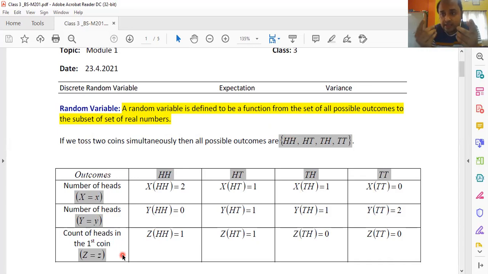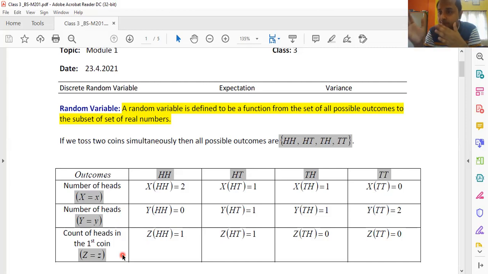So you can consider the variables capital X and capital Y to be functions which, when applied on the set of outcomes on the left hand side, give you some real numbers. In the first two cases, the real numbers are 0, 1, 2. In the third case, the real numbers are 0, 1 only.